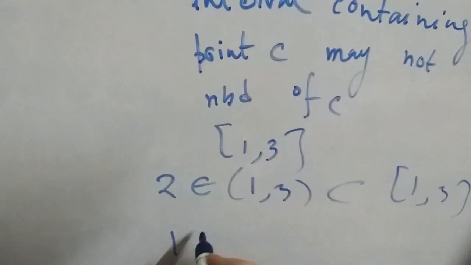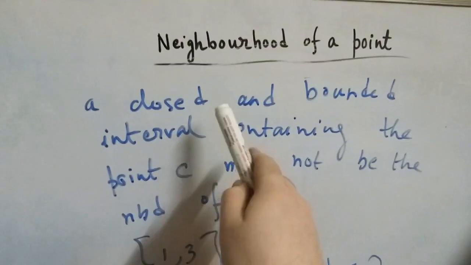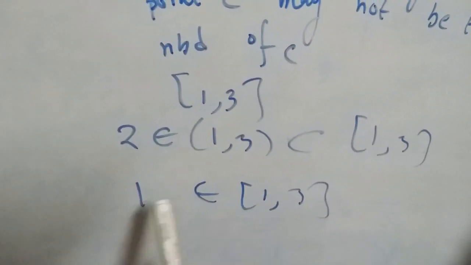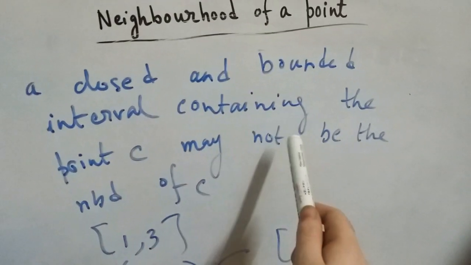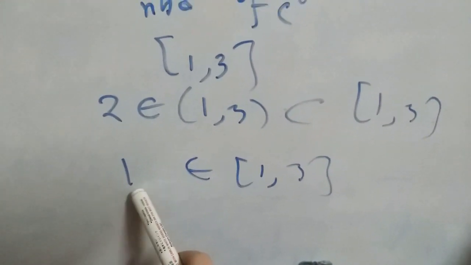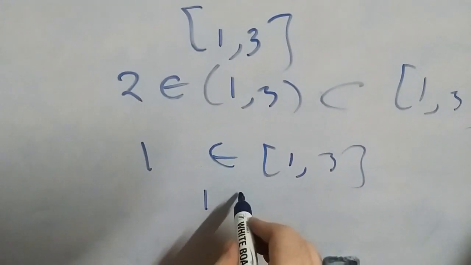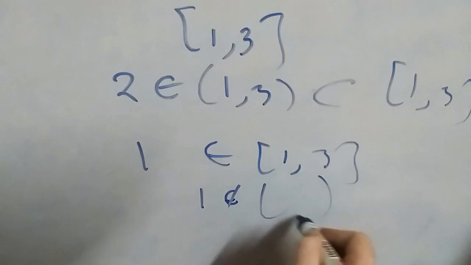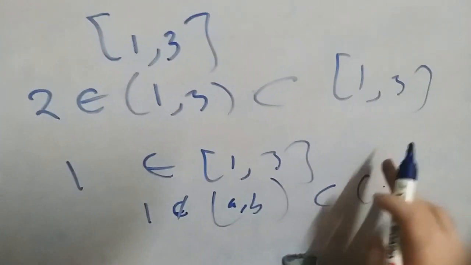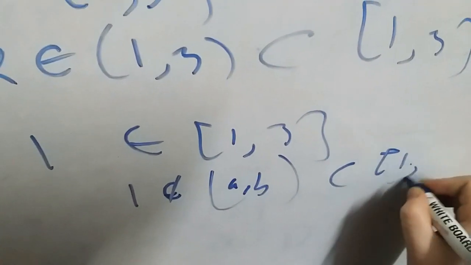But 1 belongs to the closed interval [1, 3] without the interval being a neighborhood of 1. Here the closed interval [1, 3] is not a neighborhood of 1, because 1 does not belong to any open interval (a, b) contained in the closed interval [1, 3].